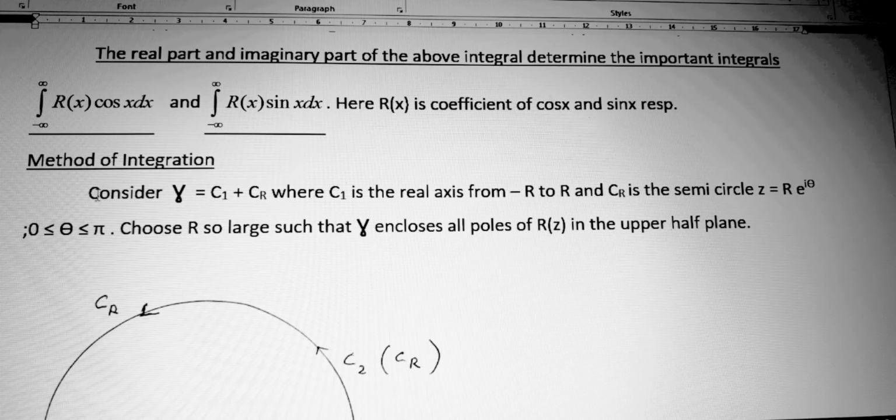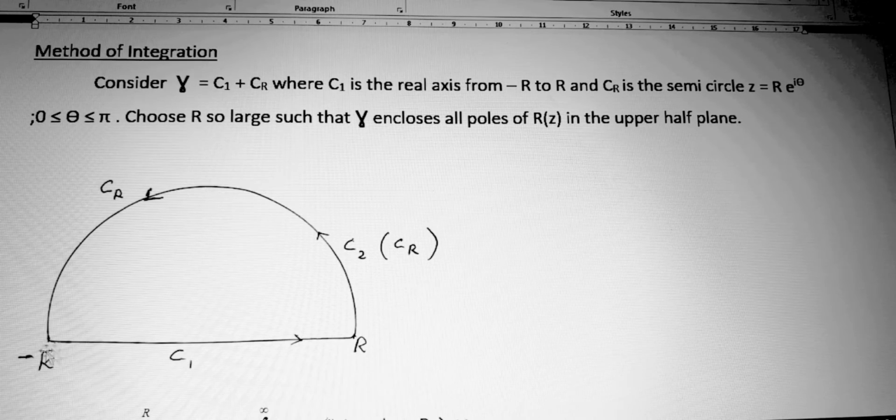Method of integration. Consider gamma equal to C1 plus CR. Here C1 is the real axis from minus R to R, and CR is the semicircle z equal to R e^(i theta), where 0 is less than or equal to theta less than or equal to pi.